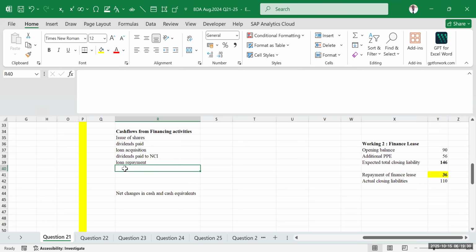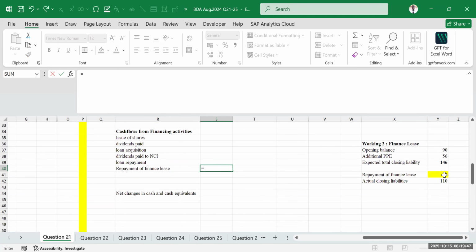So that's why I cannot use the loan repayment line. Loan is different from lease. So I will just use the word repayment of finance lease, and I'm going to pick the same amount. Now, when you pay, it is an outflow. So I'm bringing it in as a negative.